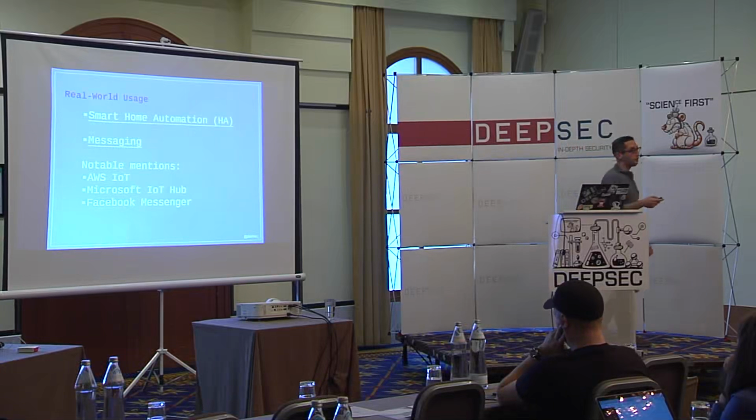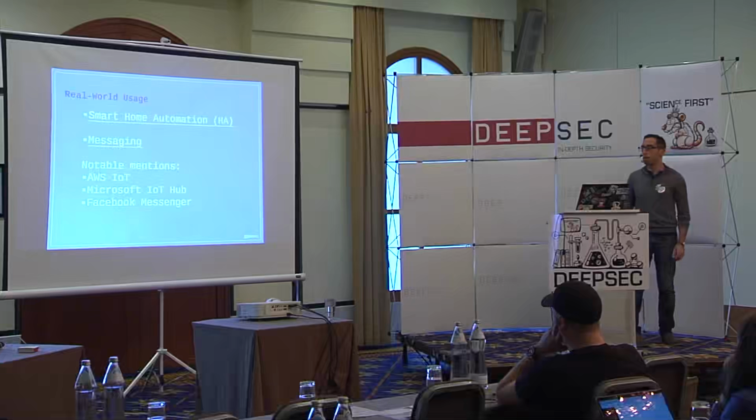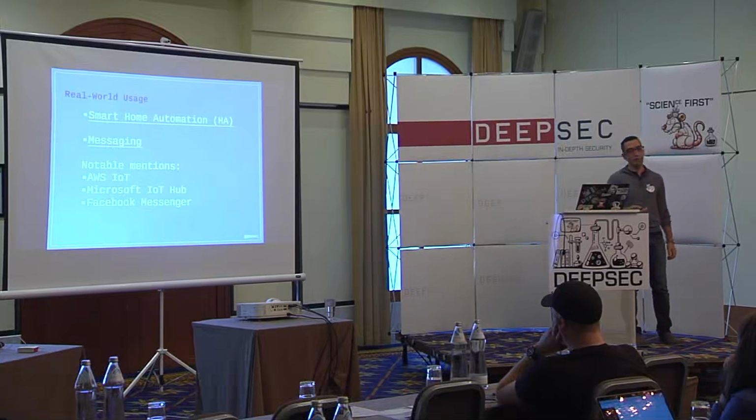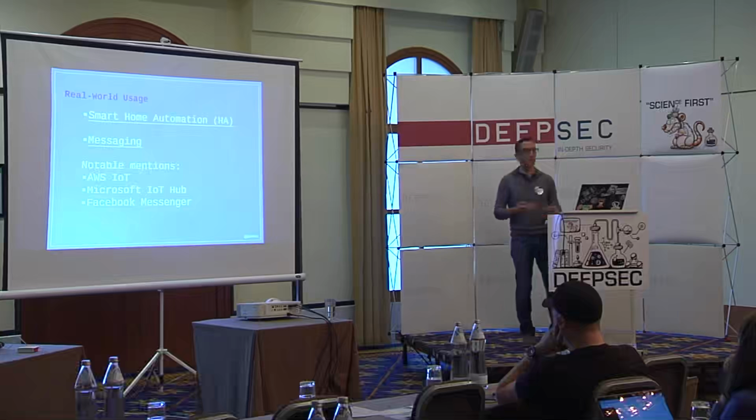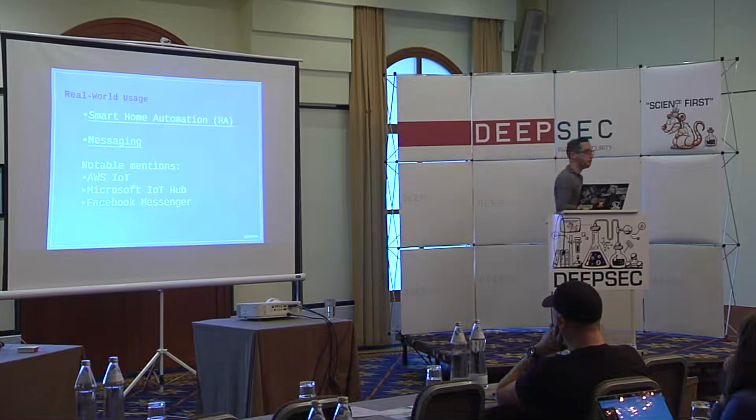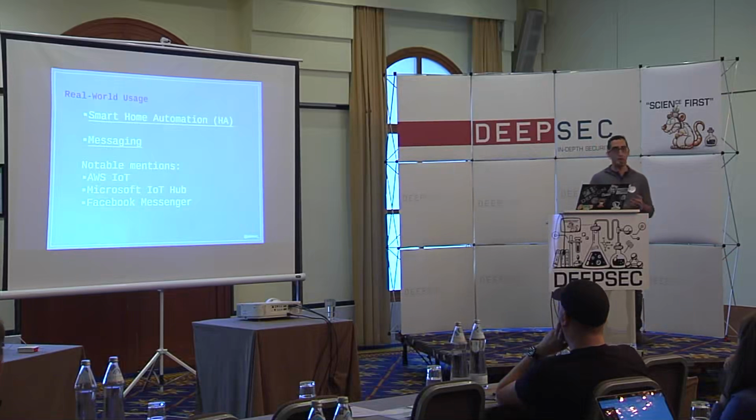Real-world usage for MQTT nowadays is mainly in home automation devices. It's pretty common. The trend in corporations is towards home automation. Practically every major manufacturer is working towards implementing MQTT in these devices. It can be your lamps, it can be your cat feeder, it can be anything like that.